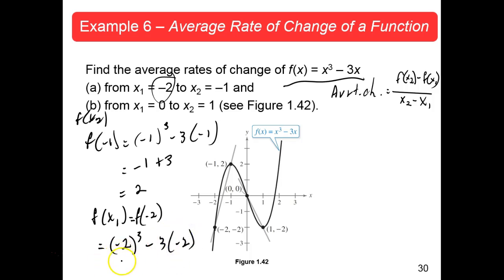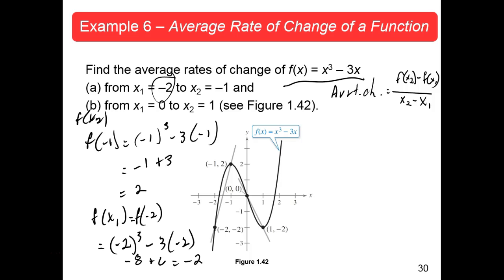And what would that give you? Negative 2 cubed is negative 8, since it's 2 times 2 times 2, only they're all negatives. And this would be negative 3 times negative 2, plus 6. So this would be negative 2, right? And that's how we got this negative 2 down here.